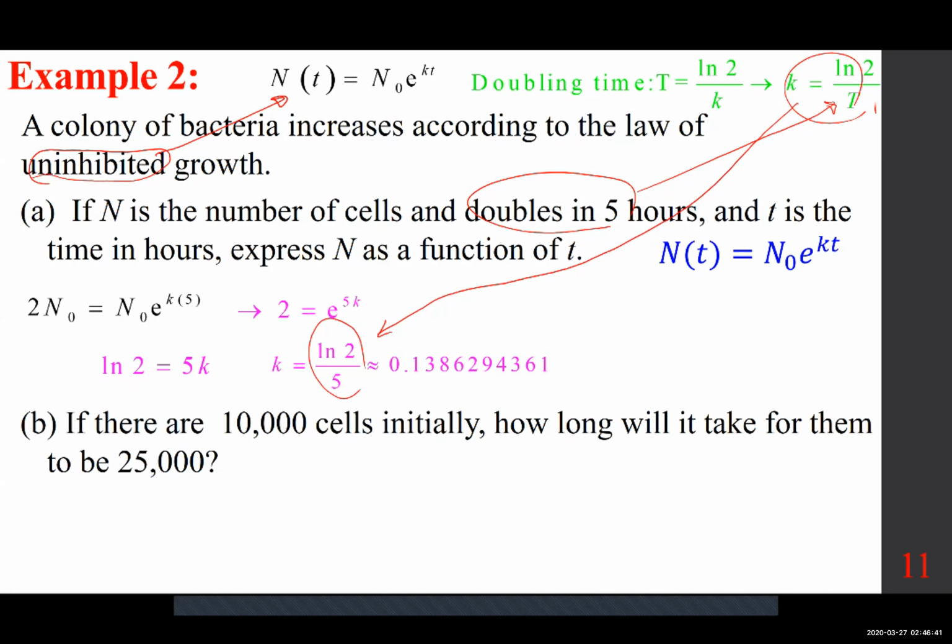Now, if there are 10,000 cells initially, remember initially for part A, we didn't know that and we used the general format. Do you see that? Now, if it's 10,000, how long does it take for them to be 25K?